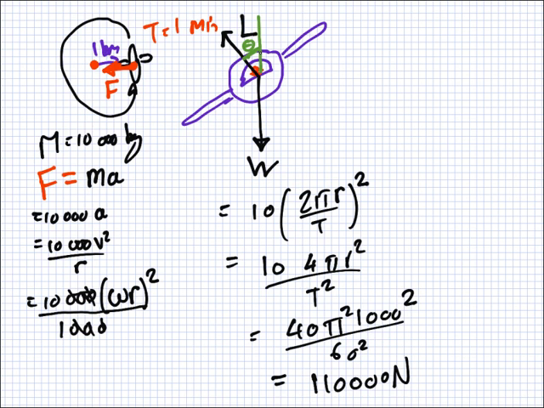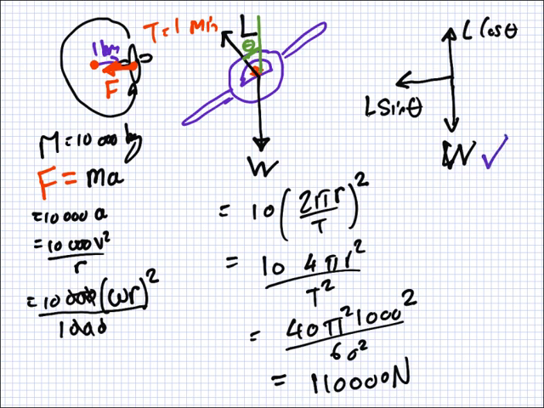Now, if you look at this picture here, let's resolve the L. So this one here is L cos theta. This one here is W. And then this one here is L sine theta. Now, let's see what we know. Do we know the W? Of course we do. Do we know L sine theta?